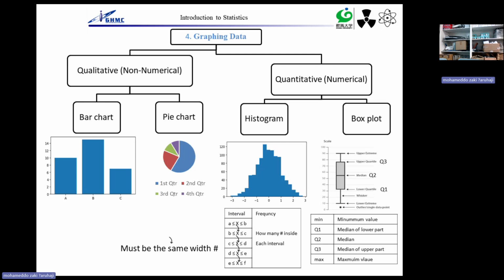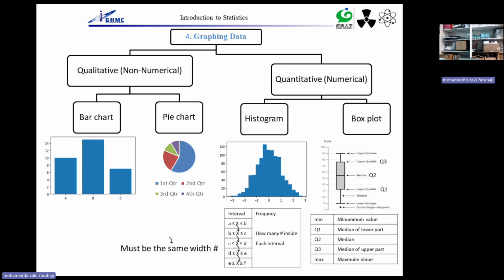Because there is an even number of values, I have to find the mean of the middle two. So it's 1 plus 2 divided by 2. How much is this? 1.5. So my Q1 will be 1.5. My Q3 will be 3 plus 4 divided by 2. How much is this? 3.5. So this one will be 3.5.